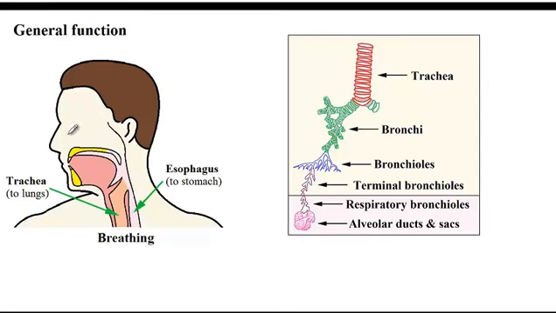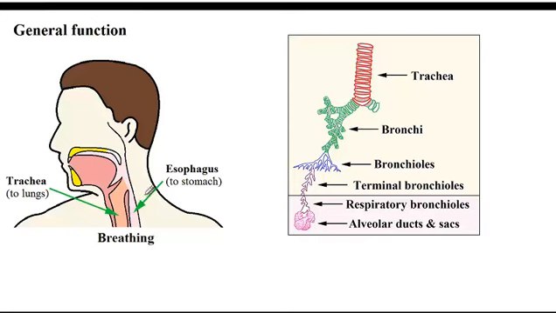But while we are breathing, that's the time that epiglottis will be open in order to allow air to enter the trachea. So once again, pharynx, which is located in this area, is basically a tube-like structure that joins nose and the mouth to the larynx, trachea, and esophagus.